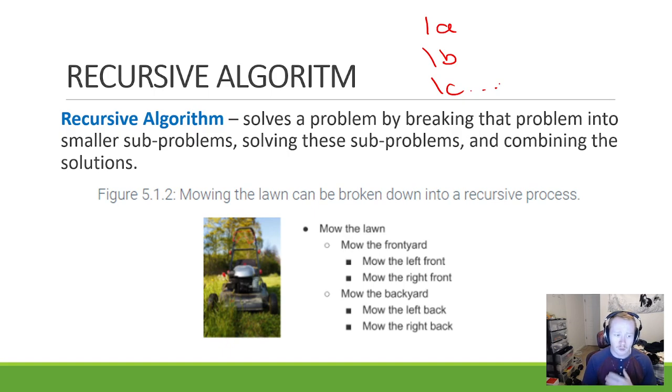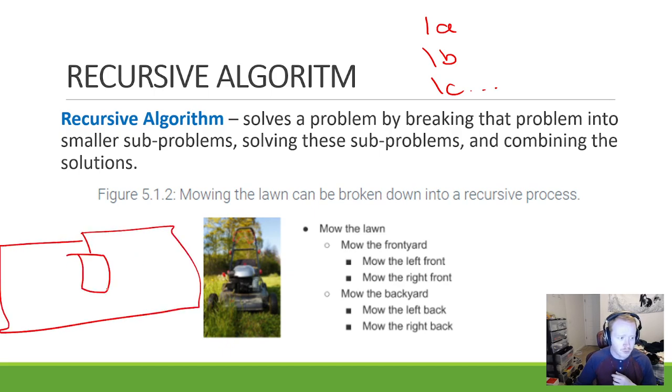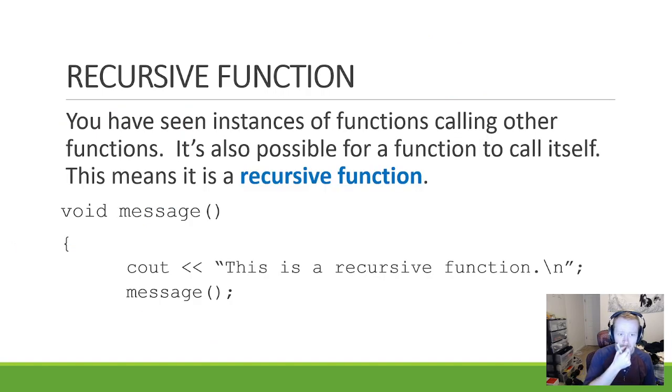If you want a real world example, if you have to mow the lawn, you should probably mow the front half and then the back half, and then you can even split that up. So a recursive algorithm just looks to break these problems up into smaller subproblems.